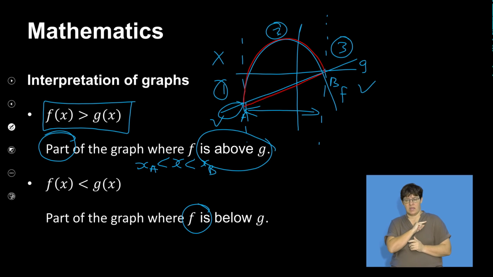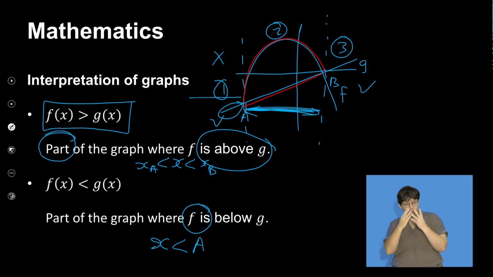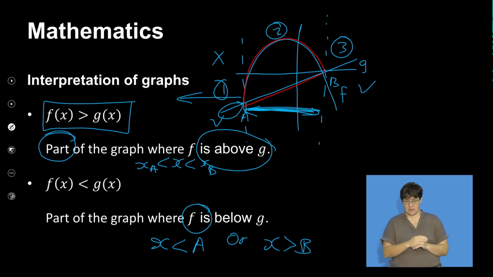Because it is trapped in between this arrow that I was showing you. But when it is less than g of x, it means my x value must be less than A, right? Because it's everything that's on that side. Or, because it's on either side, x must be greater than B, because it's on the right-hand side of that, right? Just because I labeled my intersections A and B.